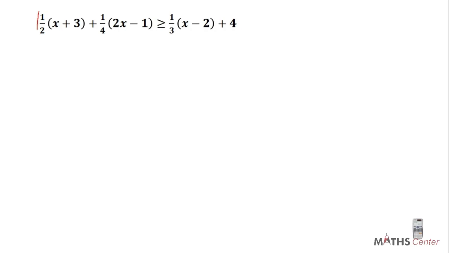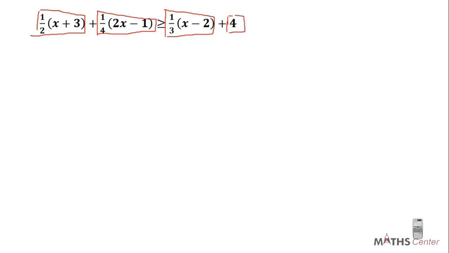It means that this is one term. Now there's an addition sign here, so the next one will also constitute another term. So here, this is also another term. Now when you come here, 1 over 3 and what is in the bracket here is also another term, and 4 is also another term.